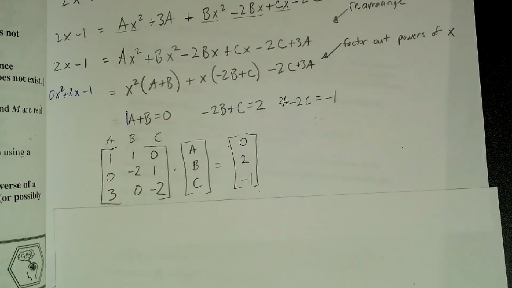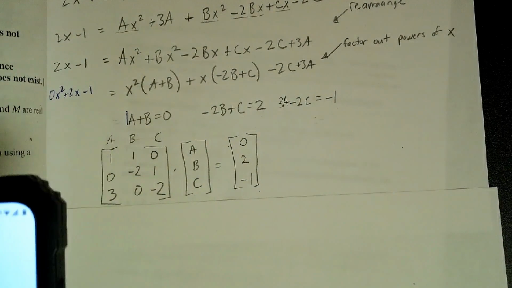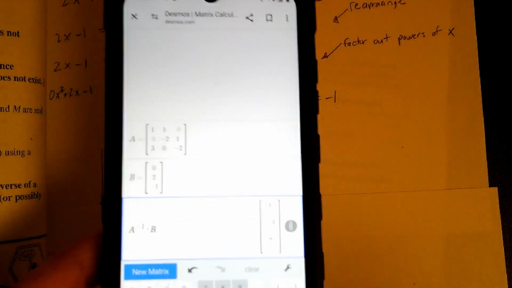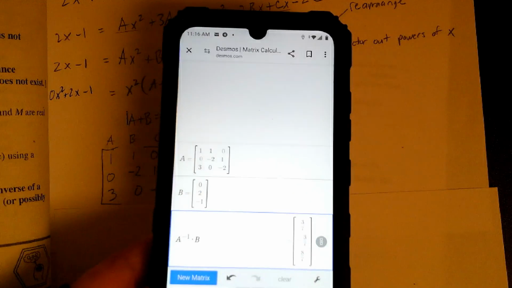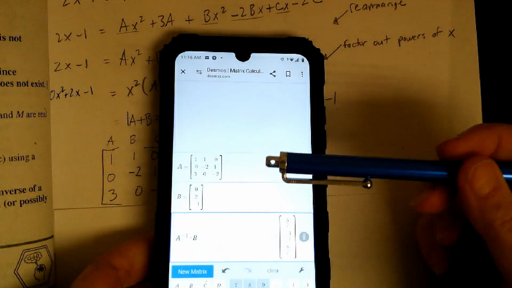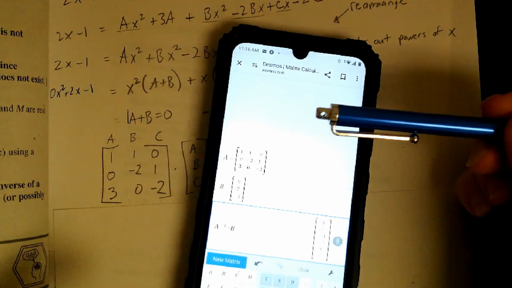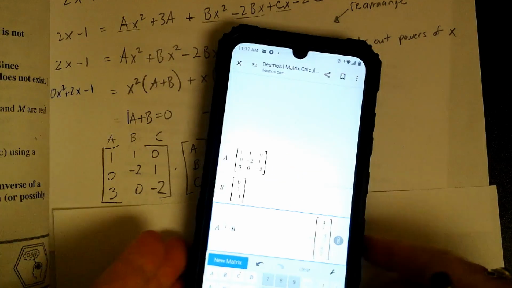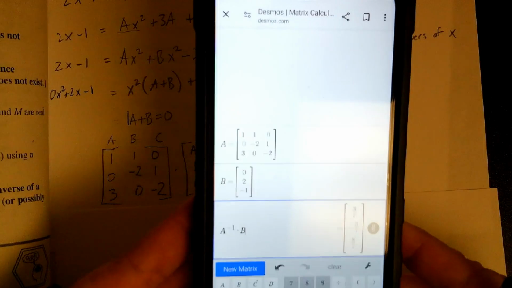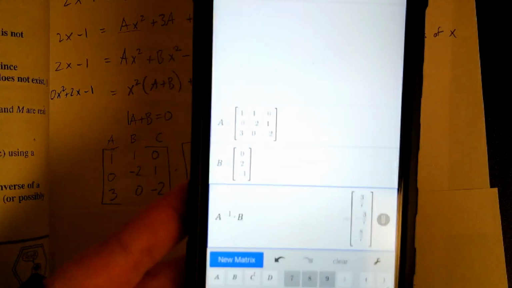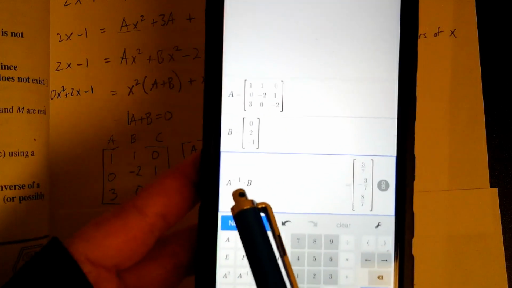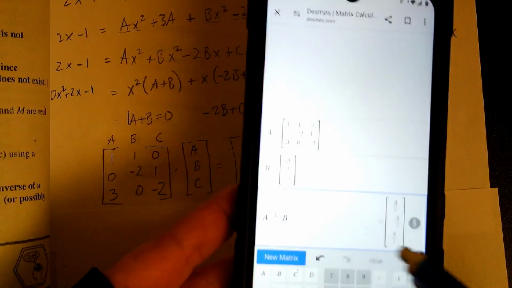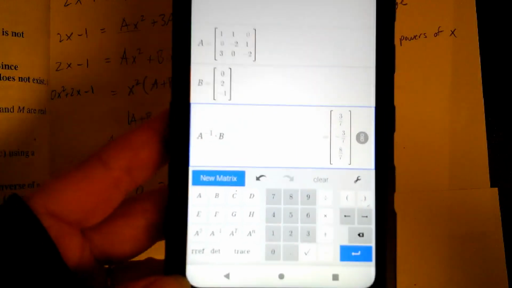And so here it comes. So I actually just typed in the matrix, and then I typed in the other matrix, and then I told my calculator to go A inverse times B. And I actually got the solutions, hard to see.